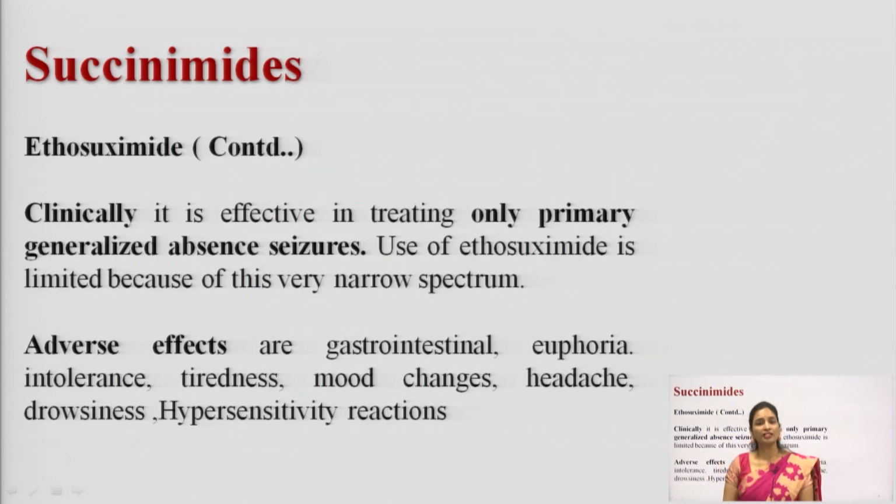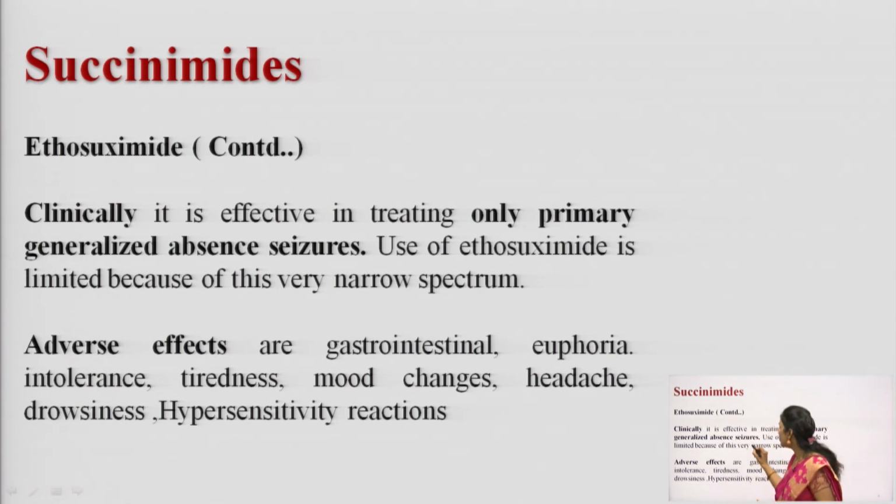And ethosuximide, this is the continuation. It is clinically used in primarily generalized absence seizures. What is an absence seizure? Here the person doesn't know what happened to him or her. Suddenly it happens for a few seconds to minutes, right.